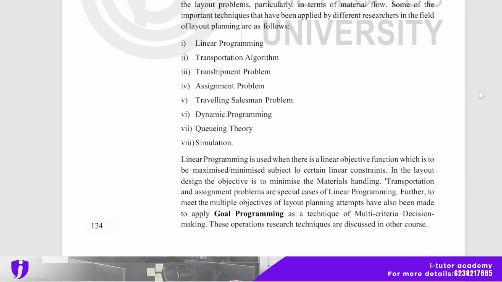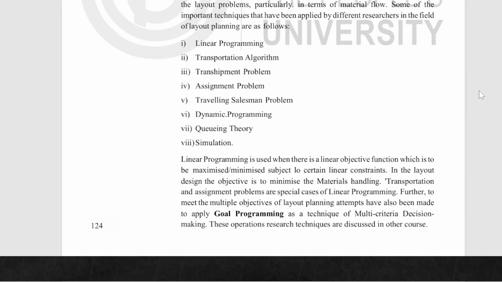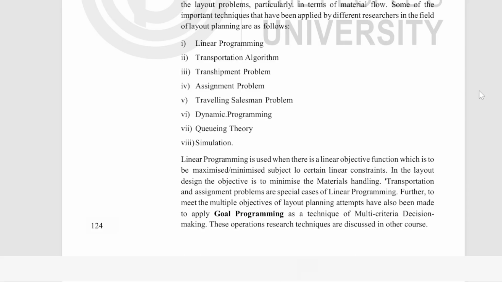Transportation and assignment problems are special cases of linear programming. And further, to meet the multiple objectives of layout planning, attempts have also been made to apply goal programming as a technique of multi-criteria decision making, and these operations research techniques are discussed in the other courses.